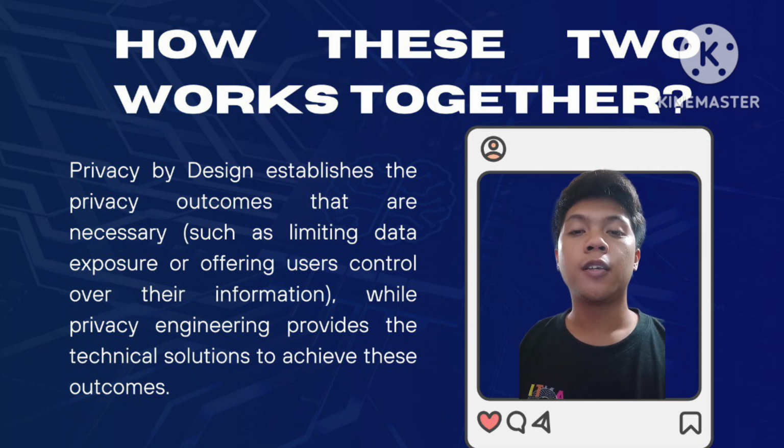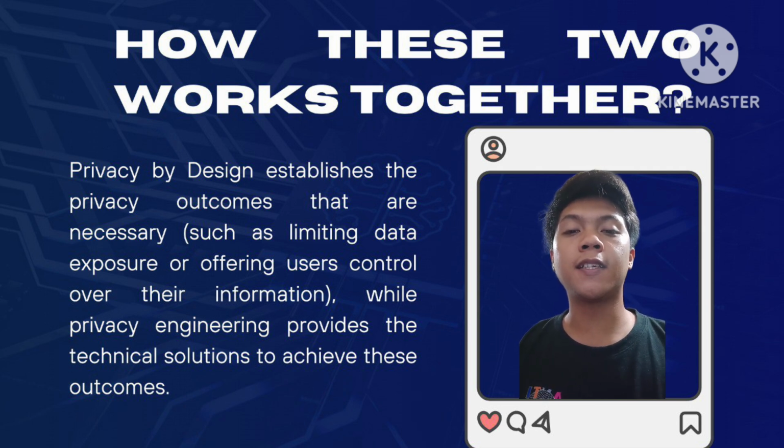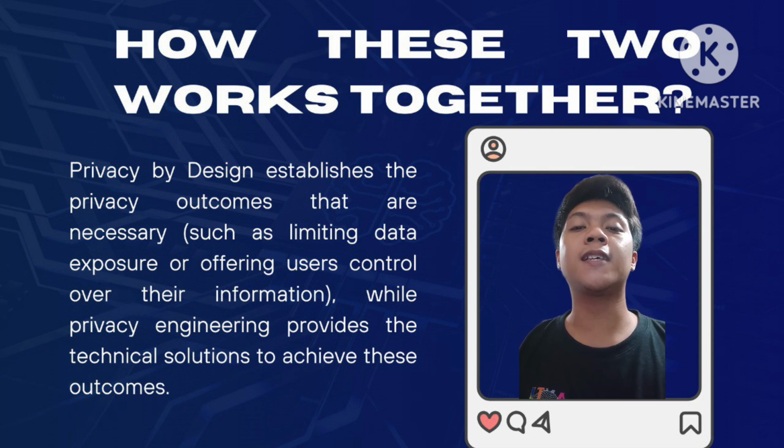For example, if privacy by design dictates that users should have control over their data, privacy engineering would create features like consent management tools to allow users to manage their data sharing preferences. Together, these approaches create systems that not only meet privacy goals but embed this protection into systems' core functions, ensuring privacy at scale.